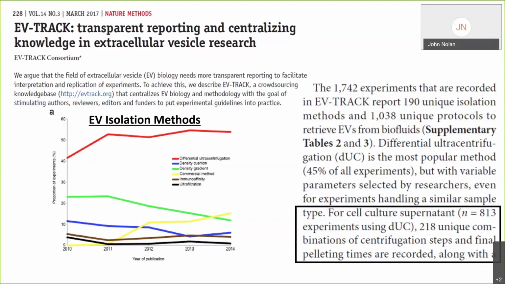They found that there's actually more than 200 ways to perform that spin. Probably a lot of the reproducibility issues in the literature can be traced to just those differences alone. Whereas flow cytometry is a lot more complicated than centrifugation, so there's even more ways to go wrong.